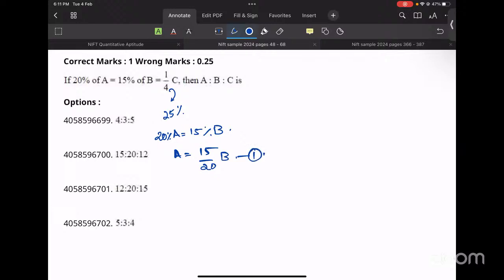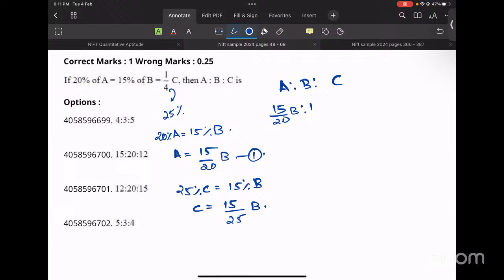Next, 25% of C equals 15% of B. So the value of C equals 15 by 25 of B. Now you can look for A is to B is to C. A equal to 15 by 20 of B, B is equal to 1B, C is equal to 15 by 25 of B.